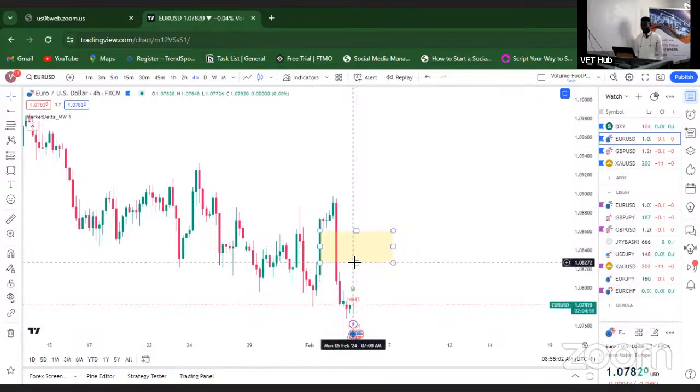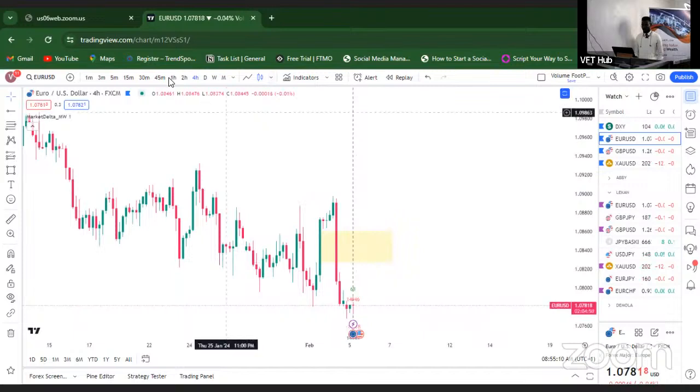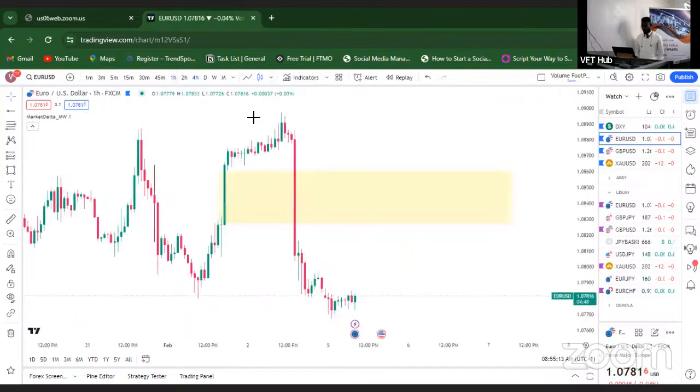You get the point now. So we expect price to still rally into this level before it continues its drop to the downside. On the 1 hour too, you see that same level clearly. So we expect price to rally to that level before it shorts to the downside. That is the level marked for Euro USD.